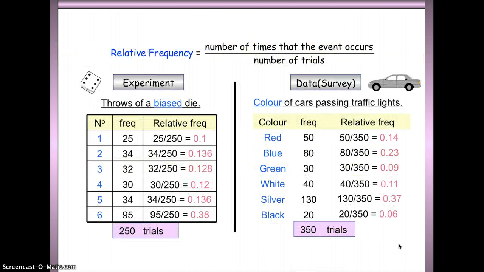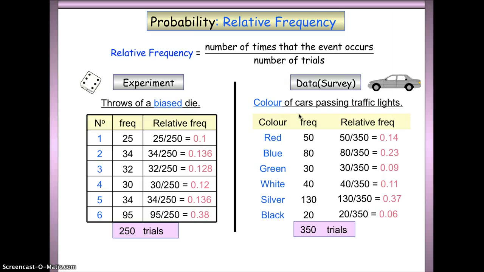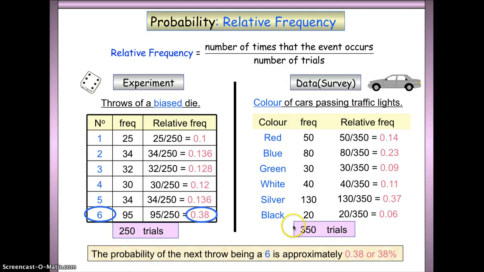Now let's keep going. How do we solve problems? There are problems that could be presented like this one. You can see these two, one experiment and then the survey. The probability of the next roll being a 6 is approximately 38%. So we are interpreting this. The probability of the next roll being 1 is approximately only 10%.